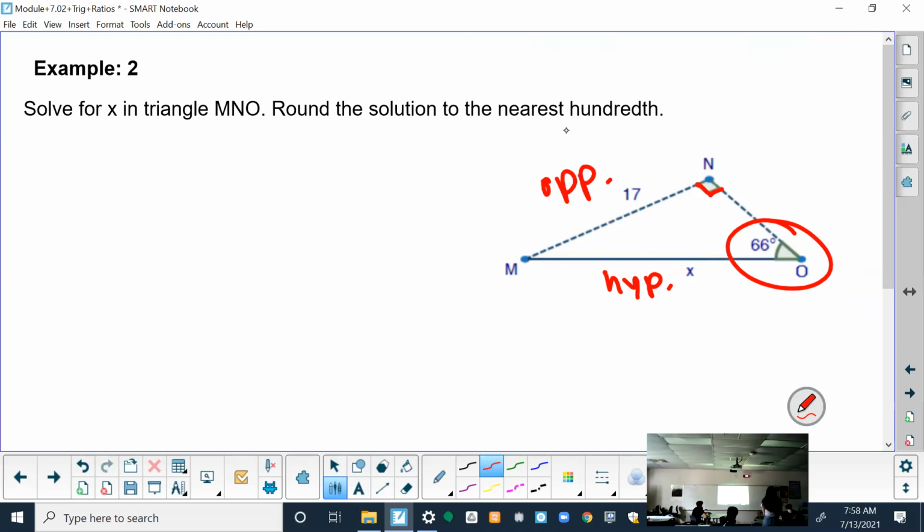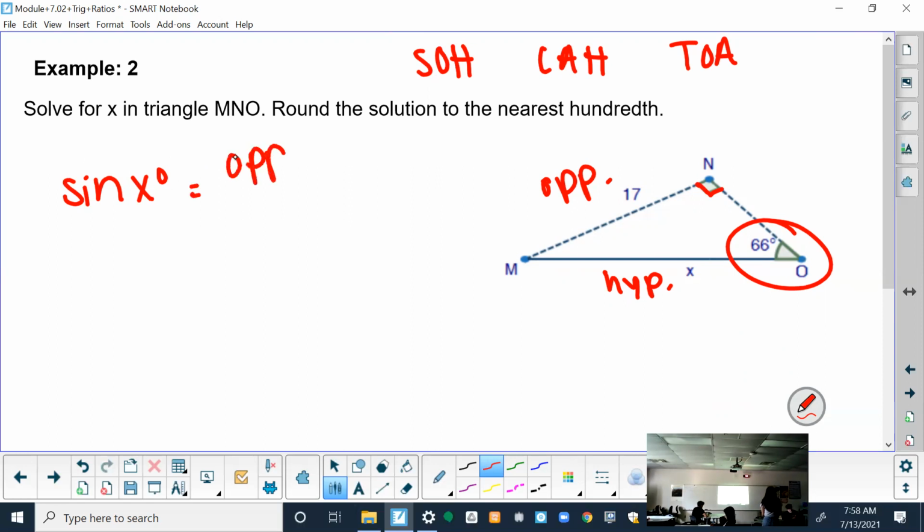Opposite and hypotenuse goes with what function? For sine, so we're doing another sine problem. So sine functions are set up as sine x degrees equals opposite over hypotenuse.